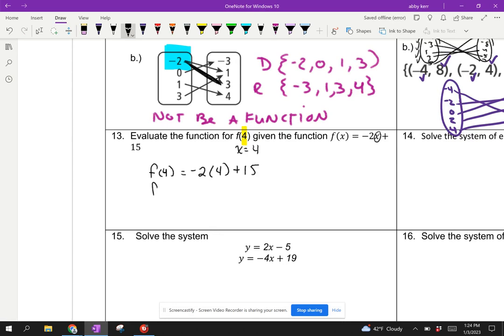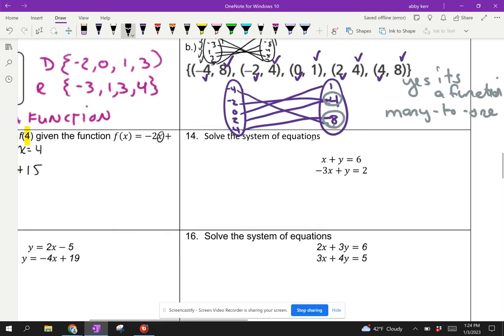So then we get f of 4 equals 7. So what this means is our x value is 4, and then our 7 is our y value. So we're not doing anything with f of 4. We're just telling the reader that our x value is 4.